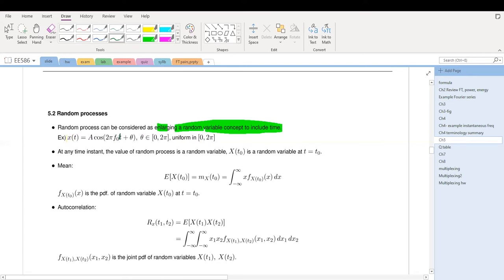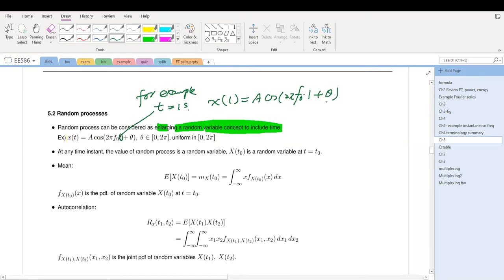If time is given, for example, if t equals 1 second, then x of 1 equals a cosine 2 pi f naught multiplied by 1 plus theta.